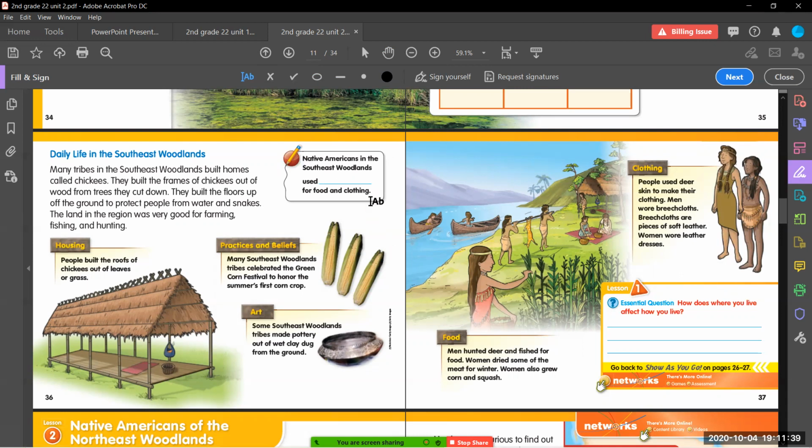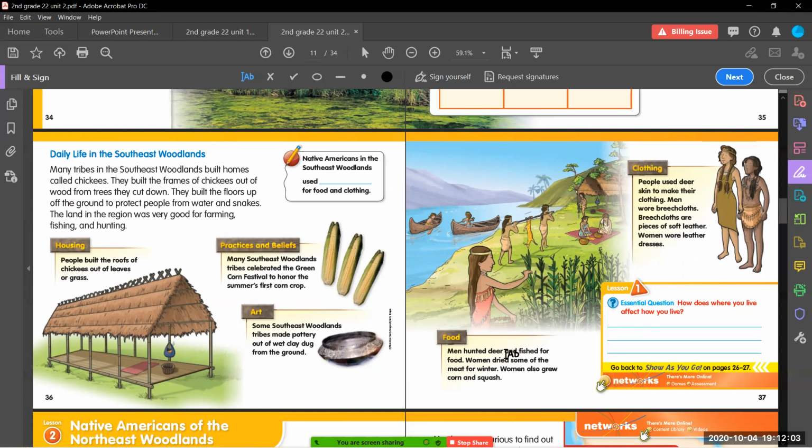Now let's go back to this section. It says Native Americans in the Southeast Woodlands used what for food and clothing? So we're going to go back into our text to find the answer for that. So we know that they use deer for food and clothing. So they would eat the meat and then they would use the deer skin to make the clothing out of.